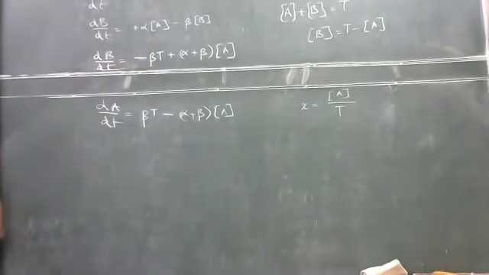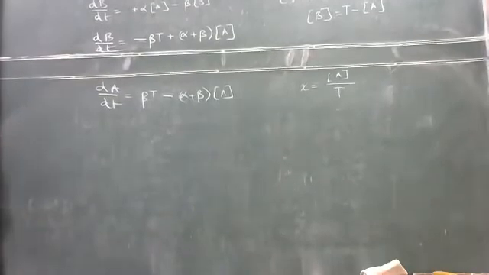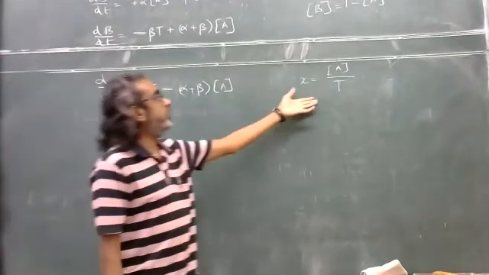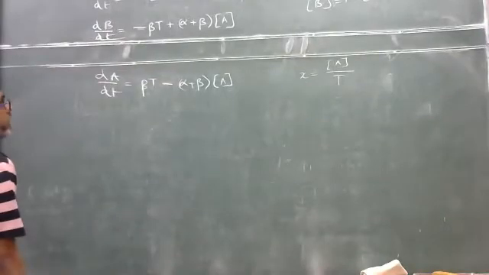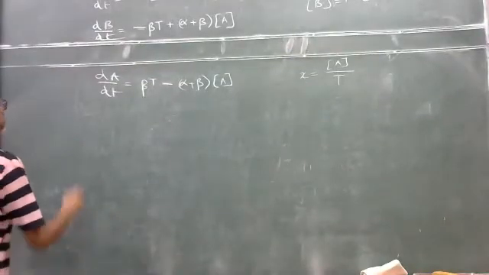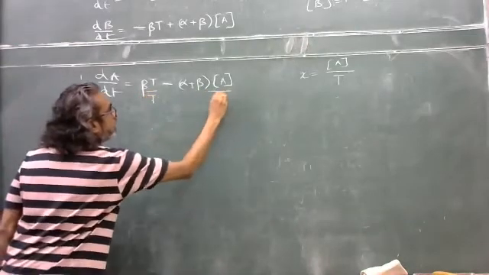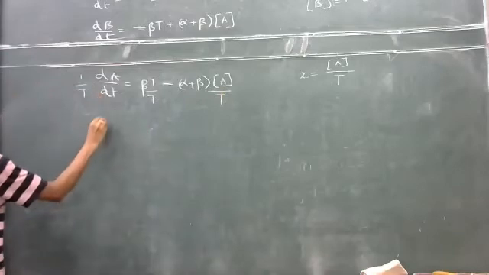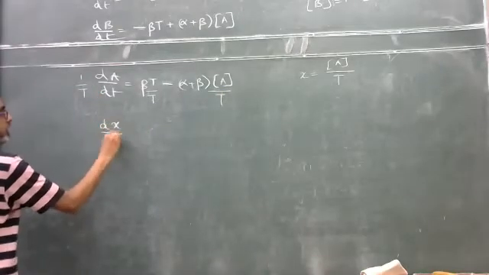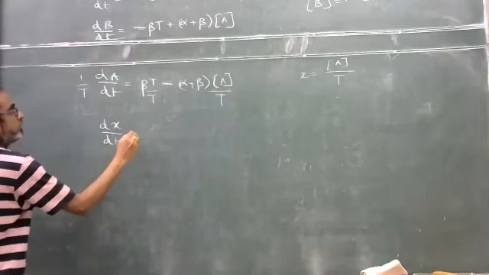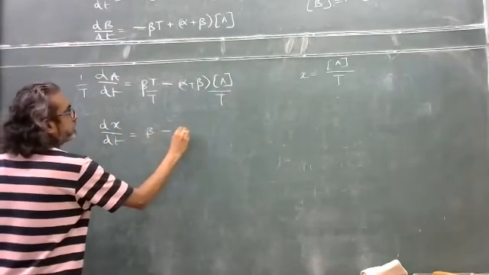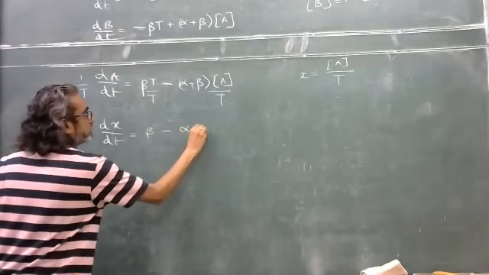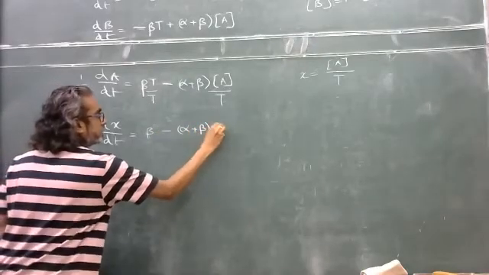Let's think of this in terms of fractions as well. If we divide by T, then dx by dt is equal to beta minus alpha plus beta into x.